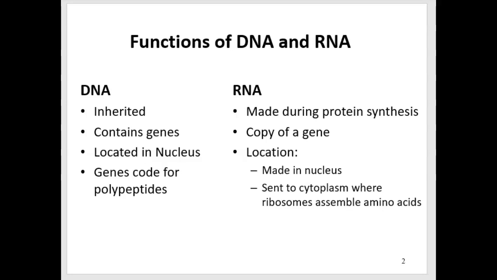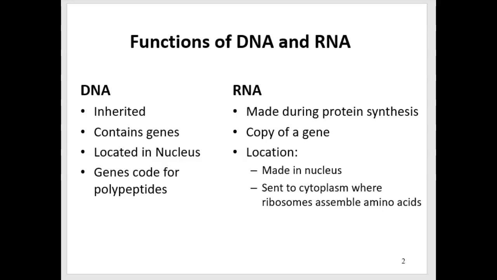All of our DNA, consisting of 46 chromosomes, contains specific genes, and these genes code for polypeptides or proteins. The DNA is located in the nucleus and it does not leave the nucleus. But protein synthesis happens at the ribosomes, which are located in the cytoplasm.